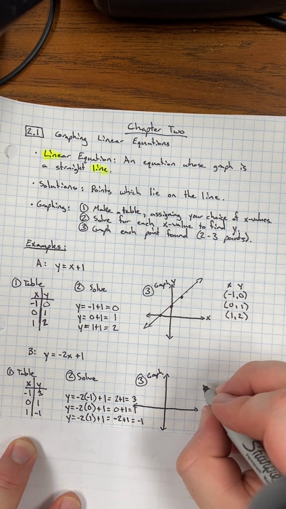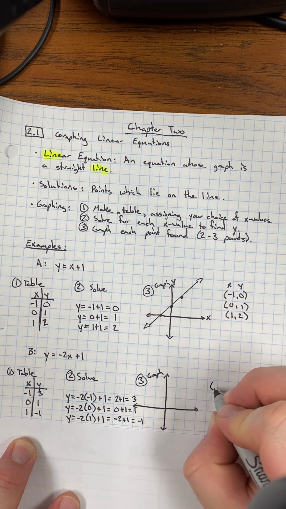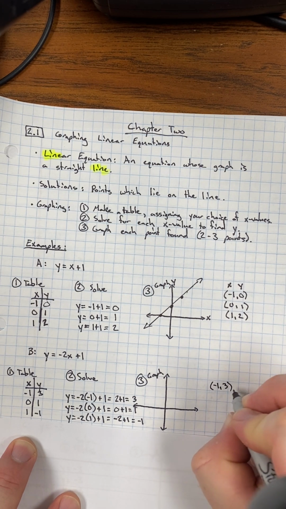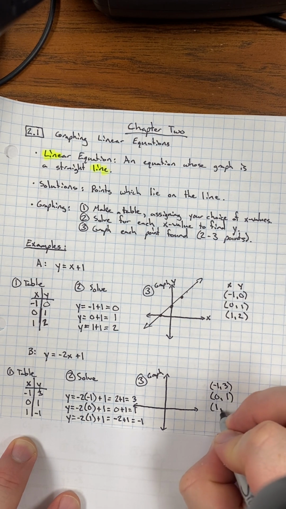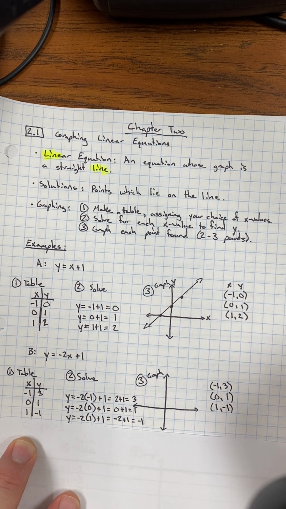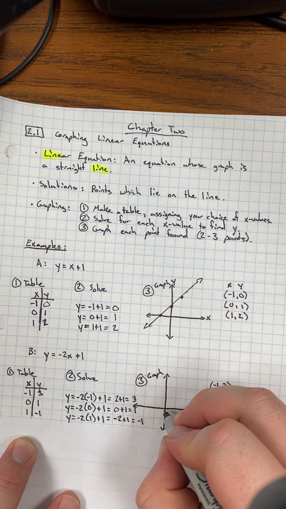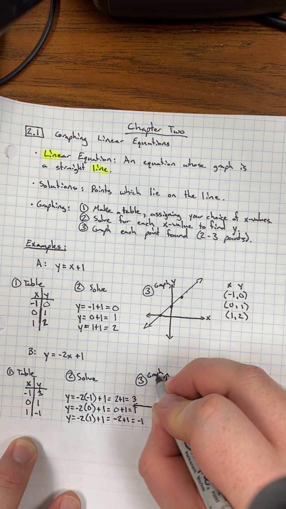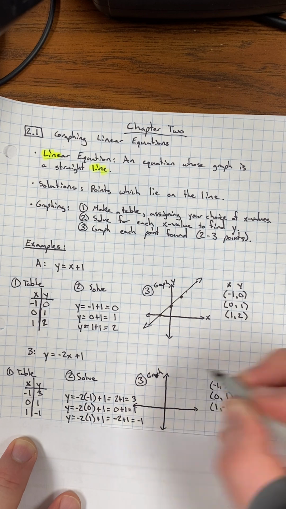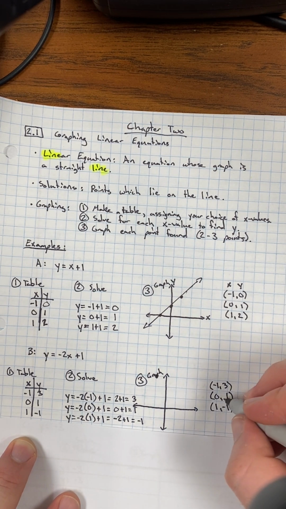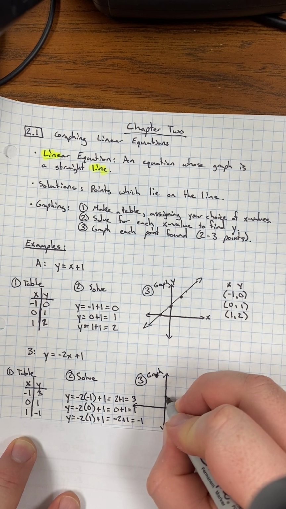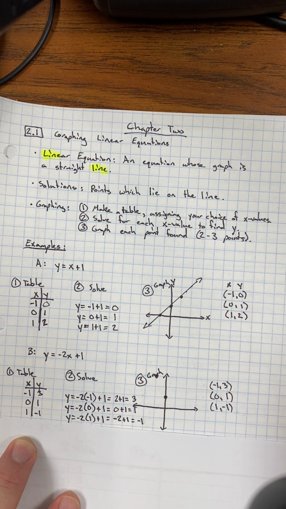Let's go ahead and plot those. So I want to plot -1, 3, 0, 1, and 1, -1. Okay? So -1, 3. So I end up with the point right here, right where I wrote the word graph. So that was kind of my bad. 0, 1. So I put a point right here at 0, 1.